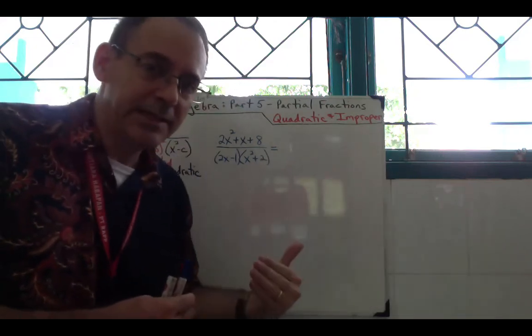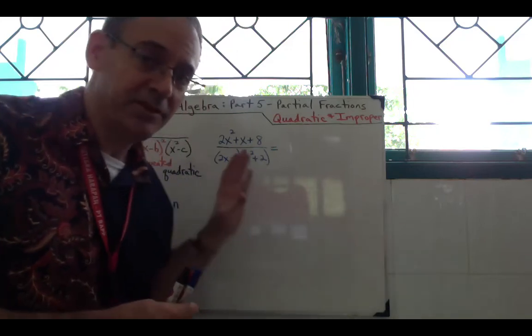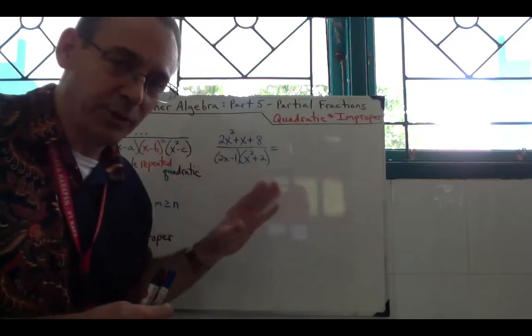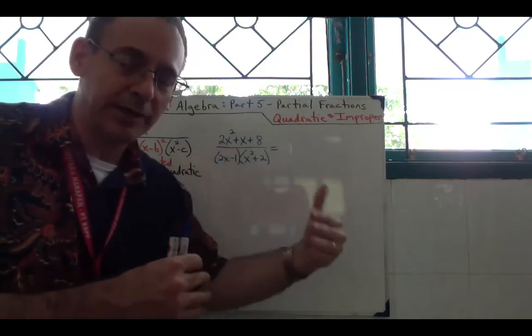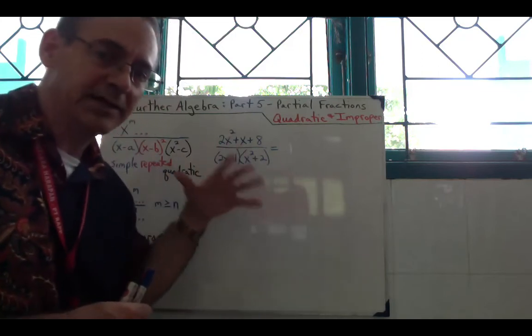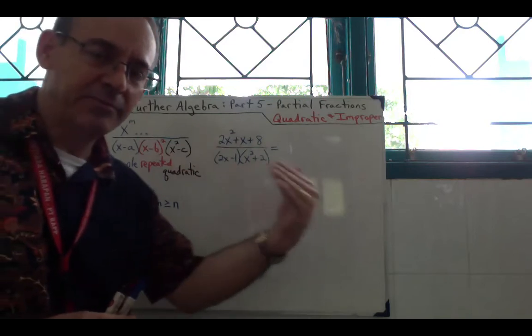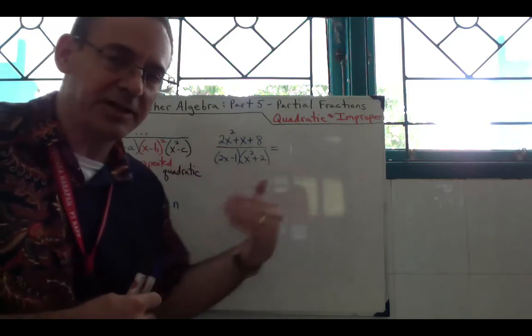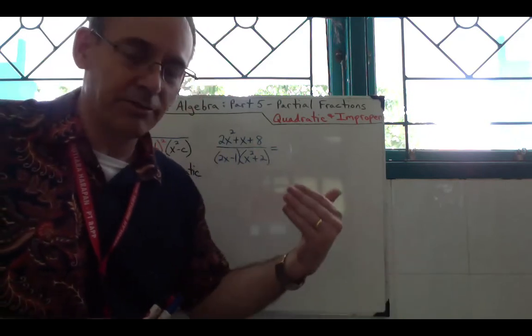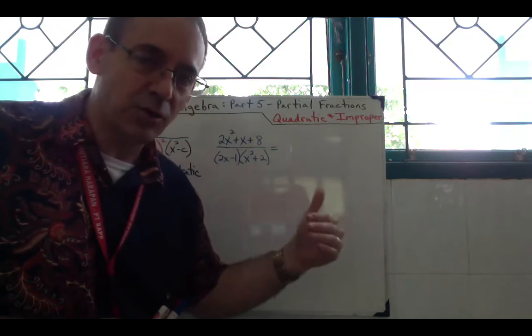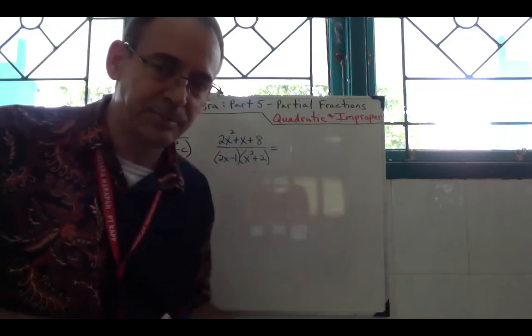It is the means to an end. These almost always, I won't say always, but usually come in a two-part question. Part 1 is the partial fractions, and then part 2 takes your answer and applies it in another way, either using integration on it or binomial expansion.